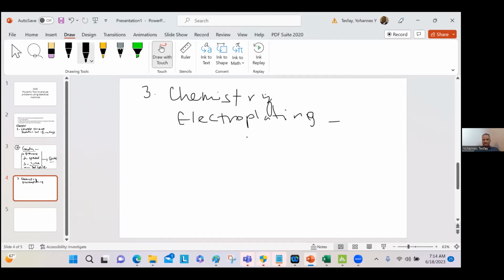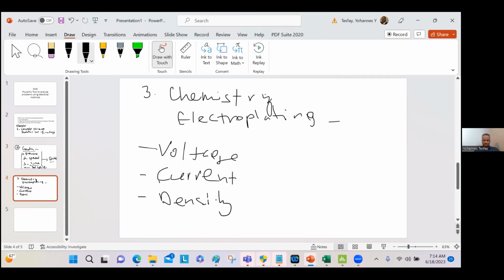What are the inputs there? Voltage is an input, current is an input, density is an input, surface area.